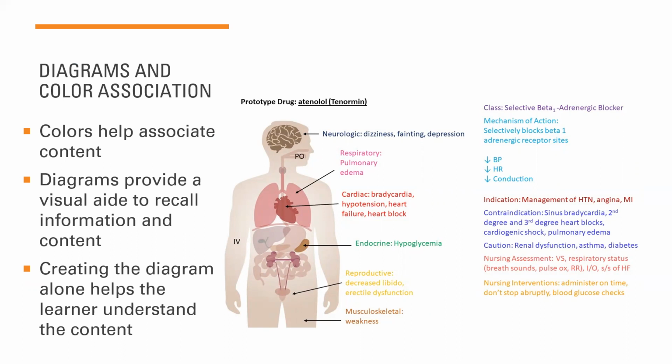Neurological would be gray, so on and so forth. If the student is primarily a visual learner, these color associations can really help them remember content and recall information. A blank diagram and color association activity is available in your tutoring toolbox.